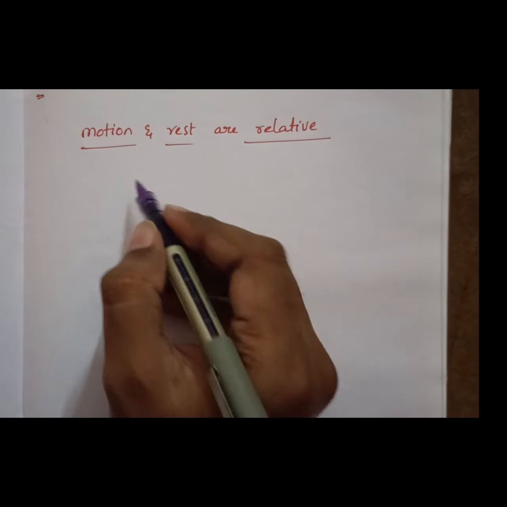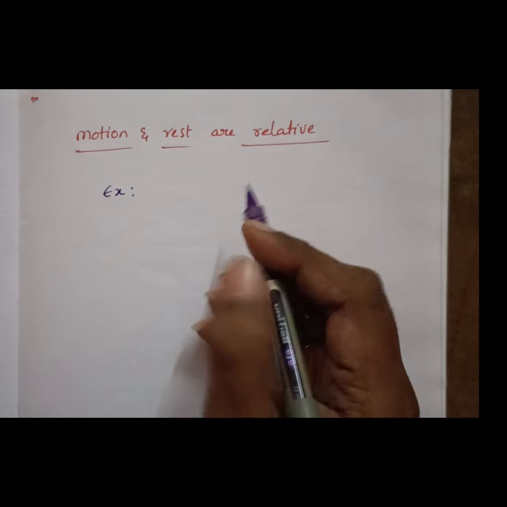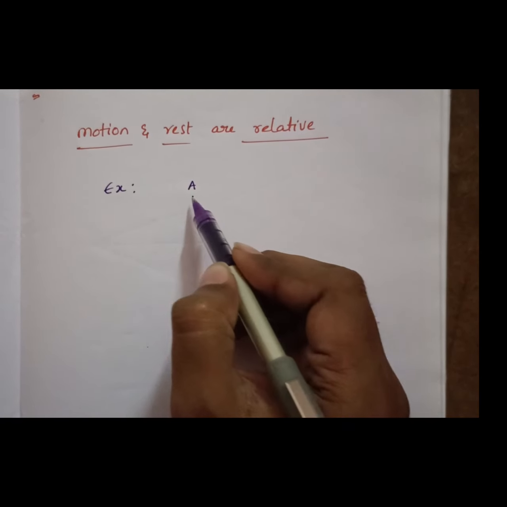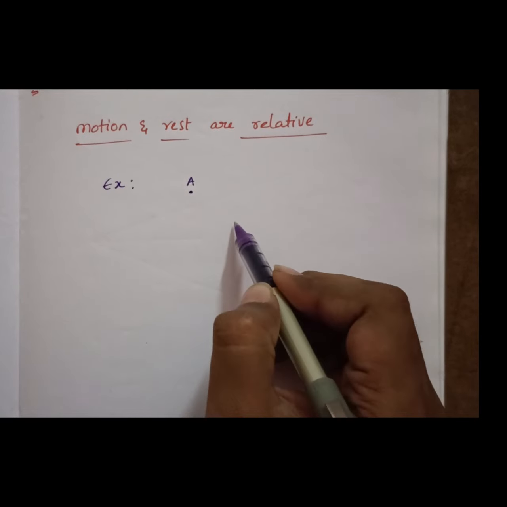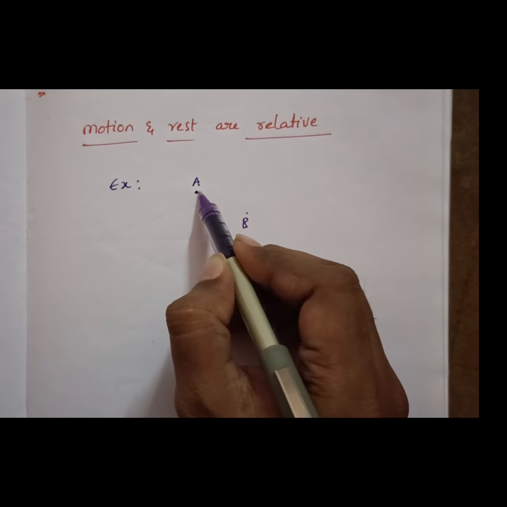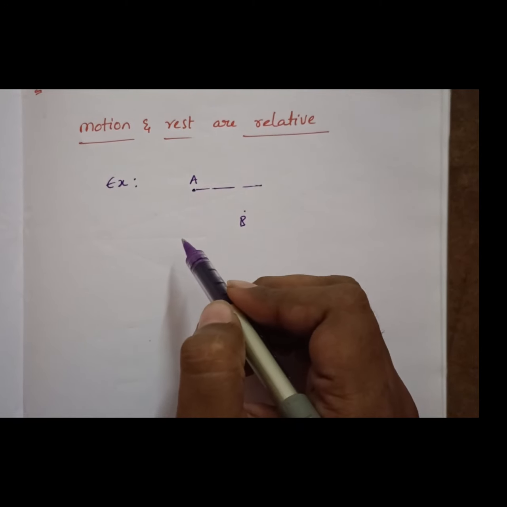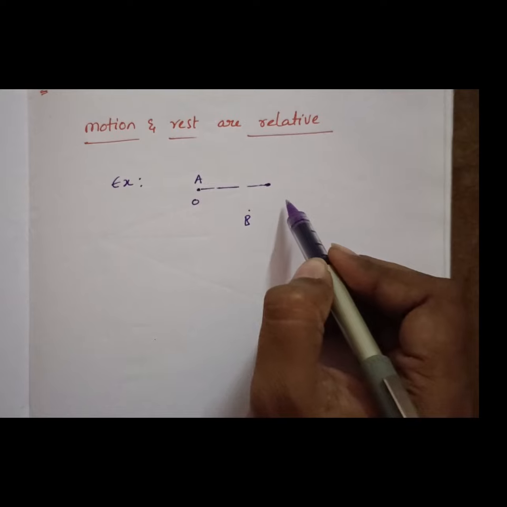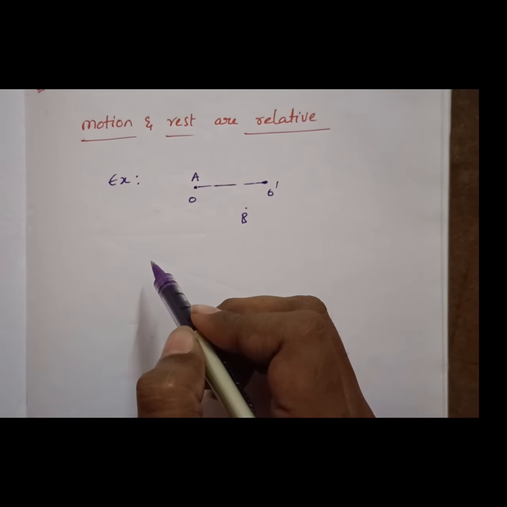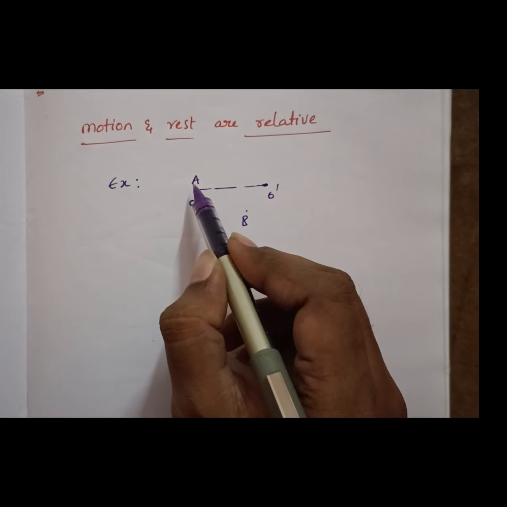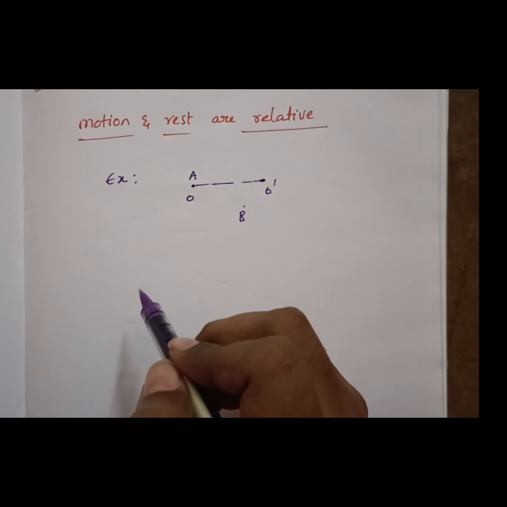In the previous example, A is at a point and B is observing. With respect to B, A changes its position to another point, for example, O to O dash.